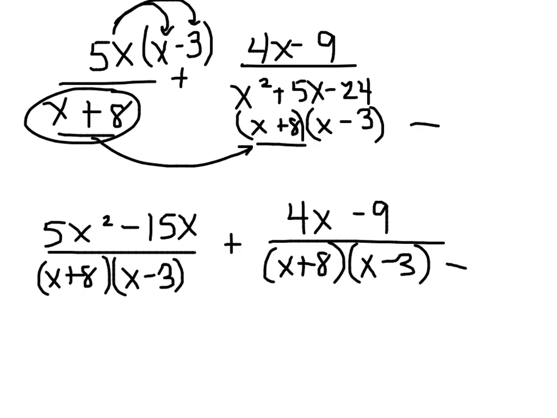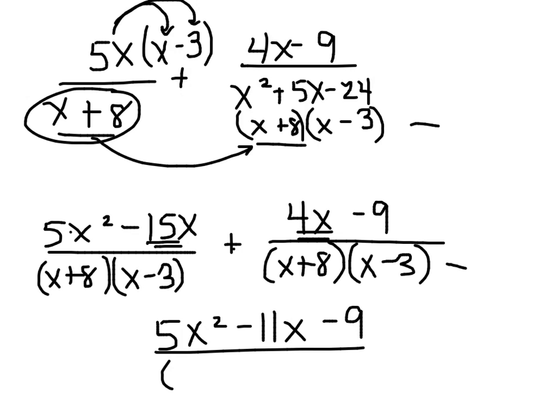Now what? Yeah, combine like terms. What's 5x squared plus no friends? What's negative 15 plus 4? Minus 9, all over x plus 8 times x minus 3.